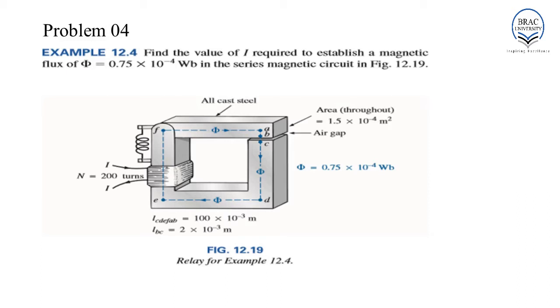The area throughout is 1.5 into 10 to the power minus 4 meters square. Assuming no fringing effect, phi equals 0.75 into 10 to the power minus 4 Webers. The lengths are given over here. N equals 200 and we have to determine I.